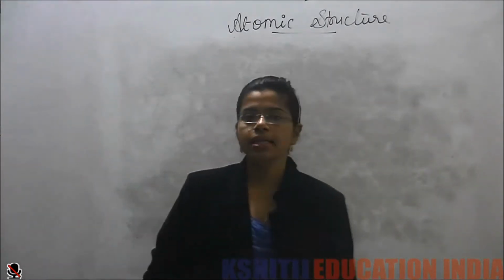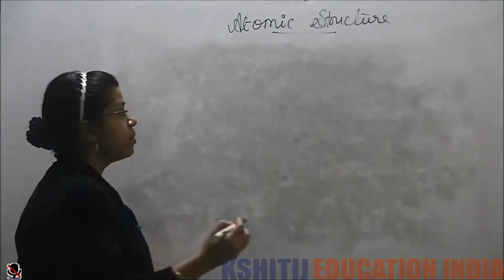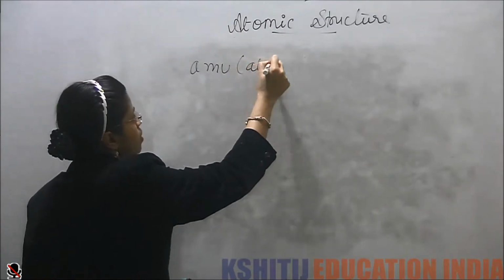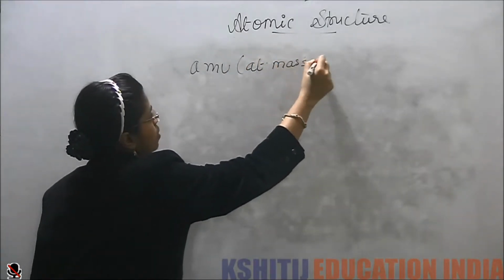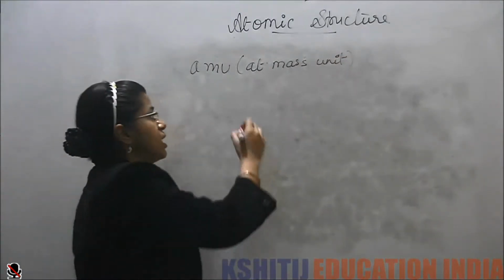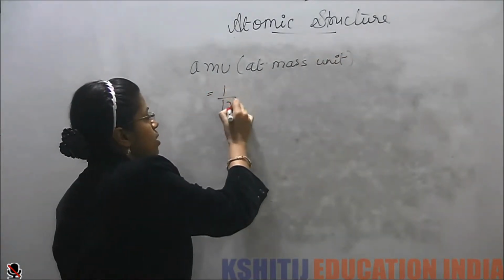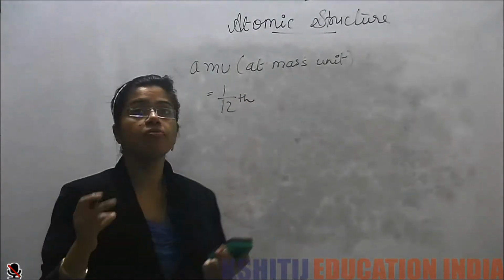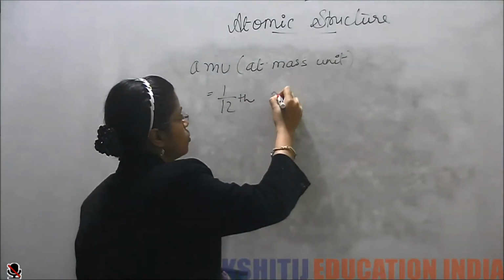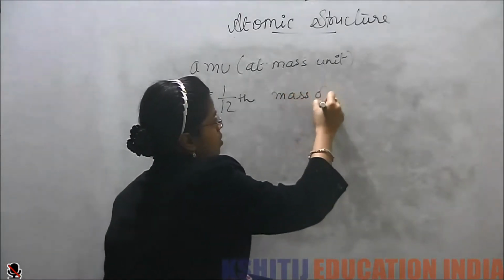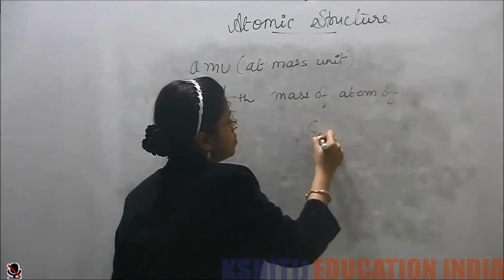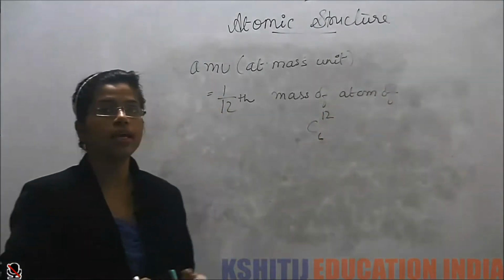Now, the next term is atomic mass unit. The atomic mass unit is defined as 1/12 of the mass of an individual atom of carbon-12 isotope.